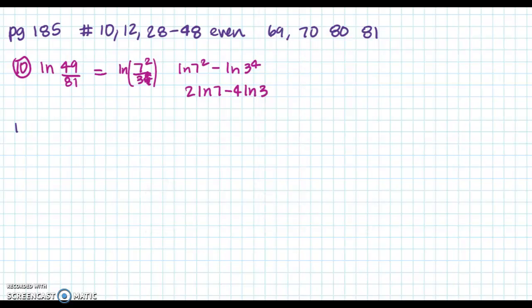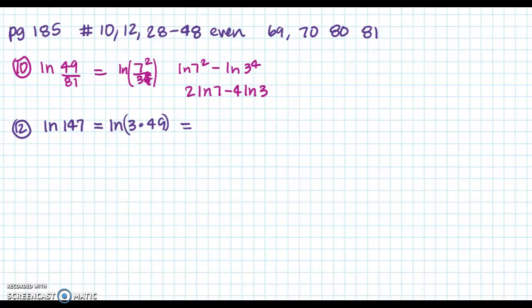Then number 12. We have the ln of 147. This one might seem tricky at first, but 147 is 3 times 49.